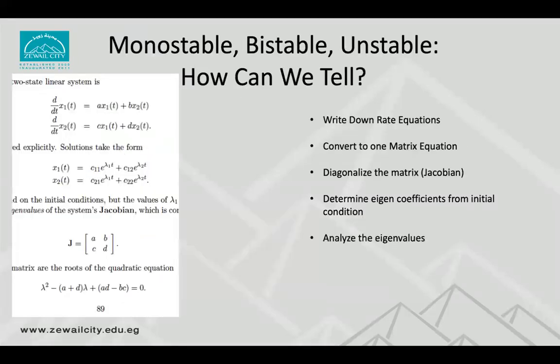Then we can diagonalize the matrix in order to find the solutions of the matrix equation here. That will be where we have our steady states.